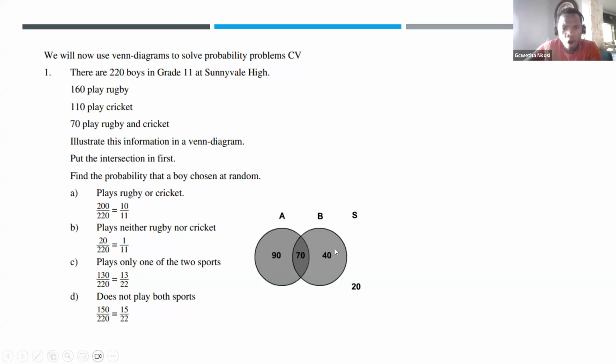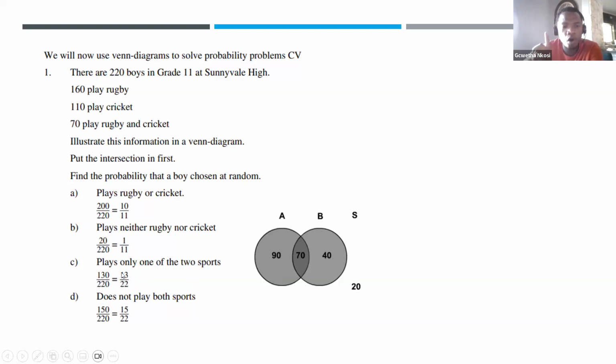He plays only cricket, of which what is 90 plus 40? Okay, 90 plus 40, it's 130 over 220. So now my probability will be 13/22, when you simplify this, divide by 10, the numerator and the denominator.